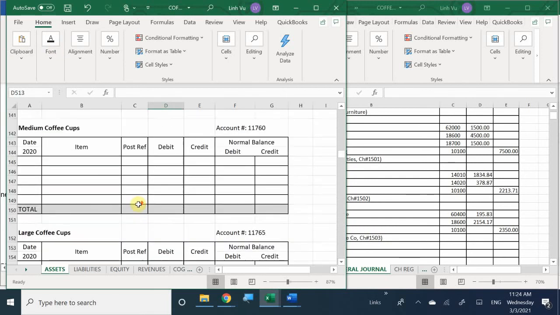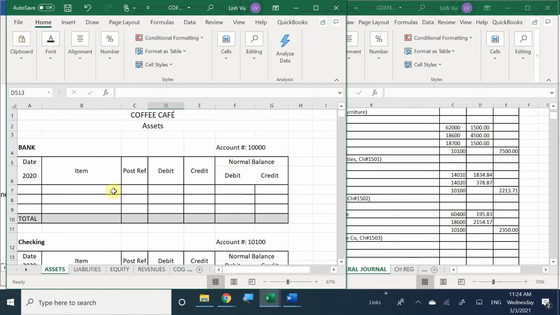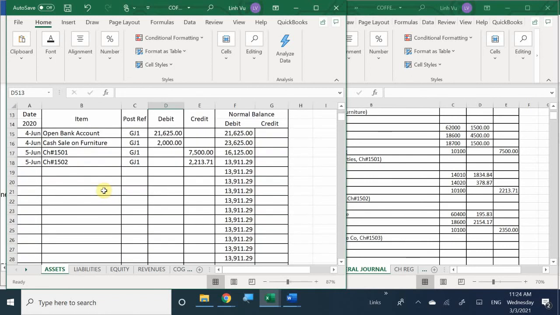Last but not least, we have to update our checking account. So scroll all the way up to the top. Okay. Here's my checking account. Again, June 5th. Check number 1503. All right. General journal number 1. And this time, I'm going to be crediting my account for $2,350, right?